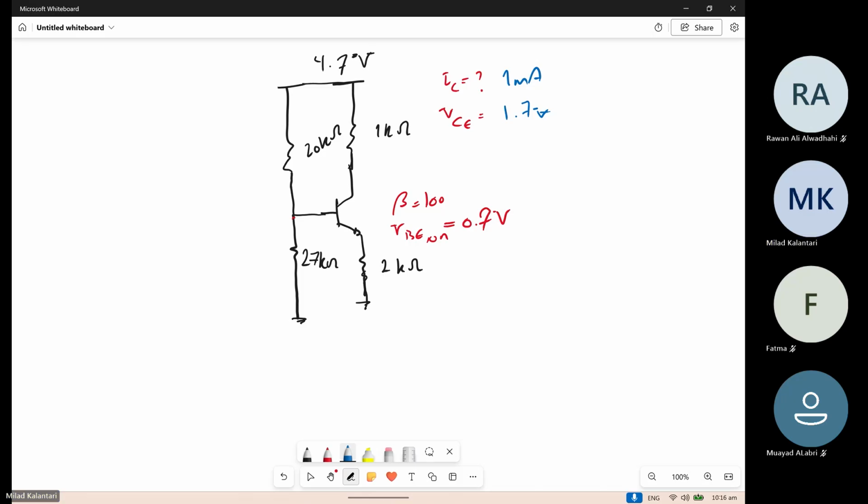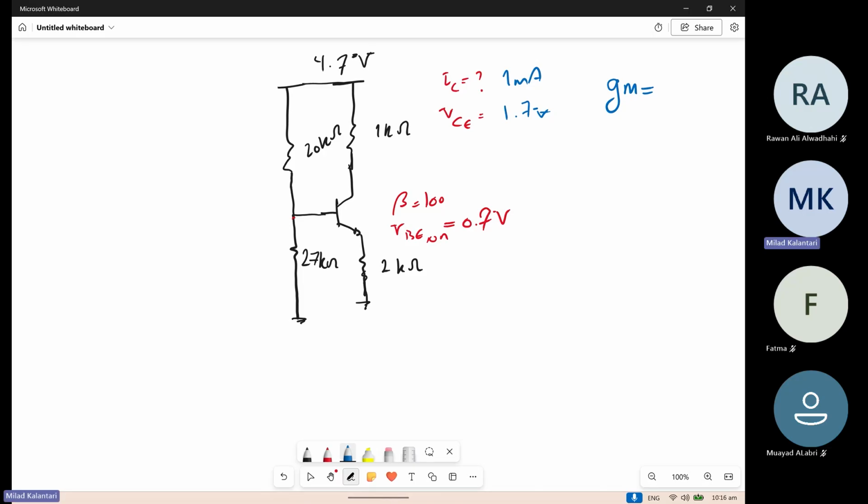So can you tell me what is the small signal parameter of this device, especially the GM? First, is the transistor in active or saturation?